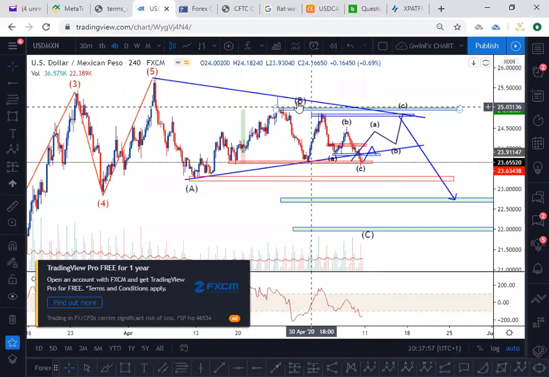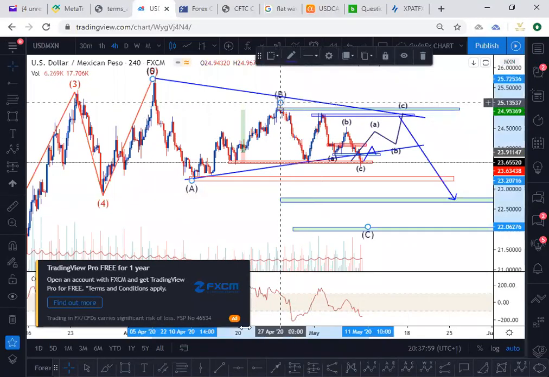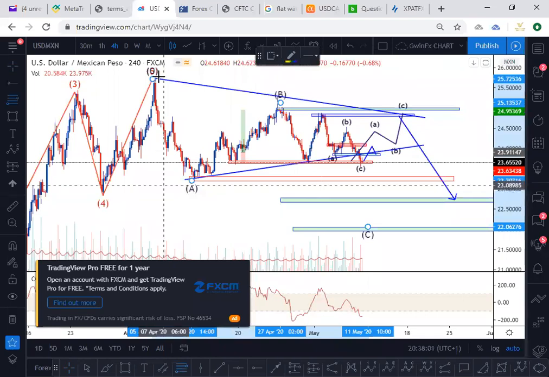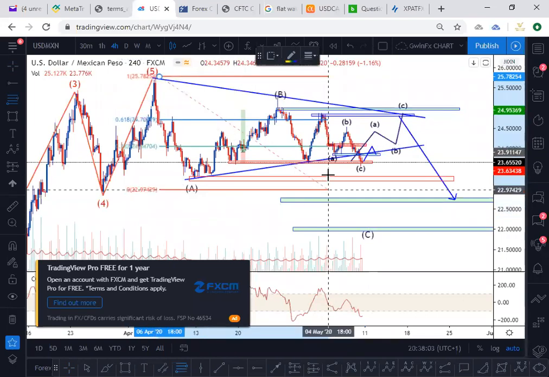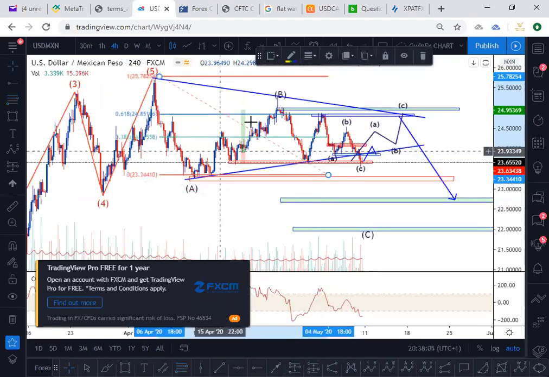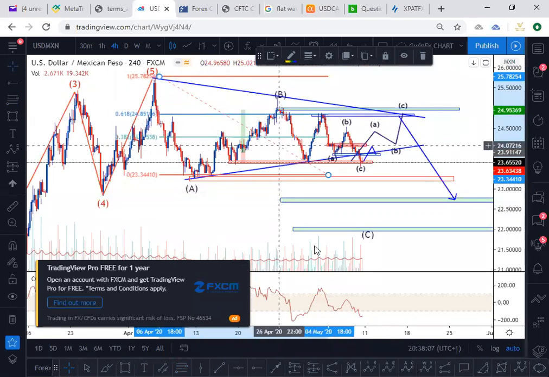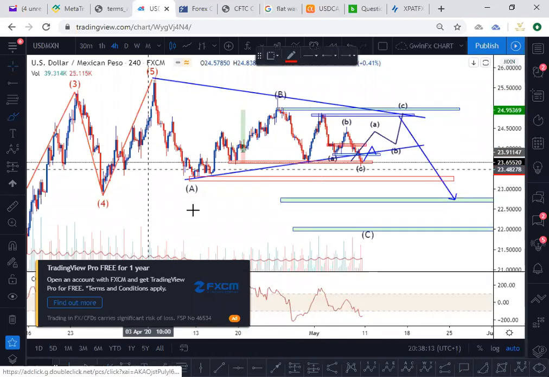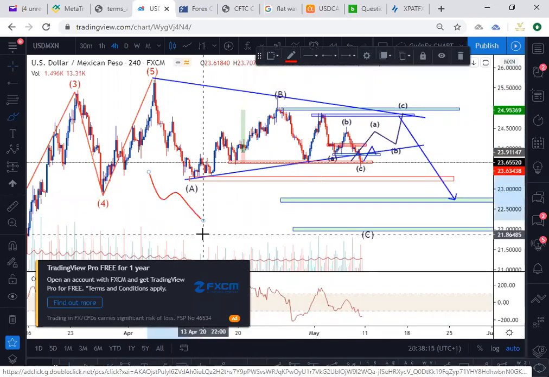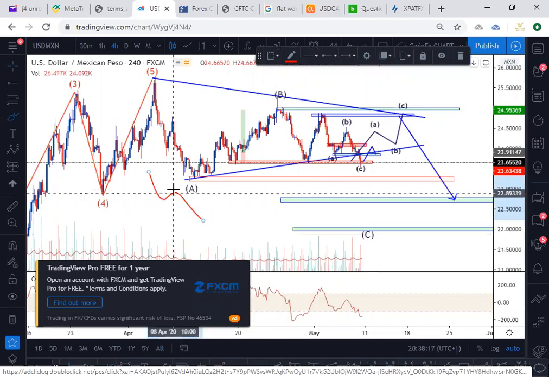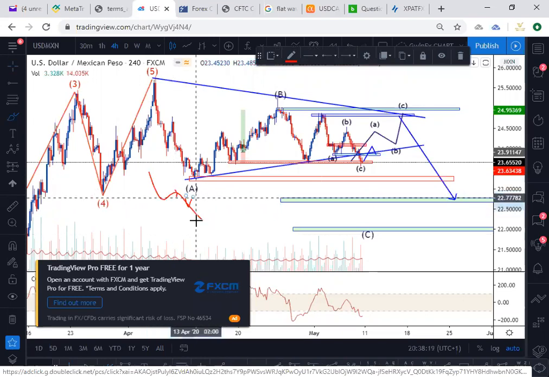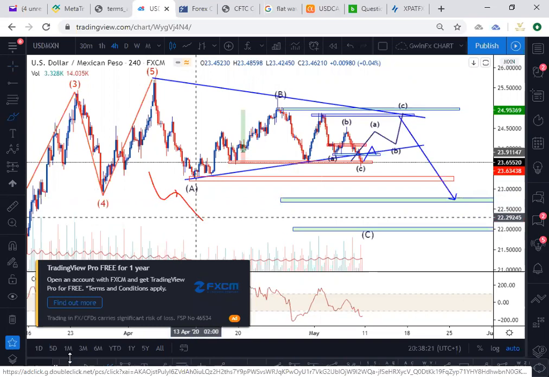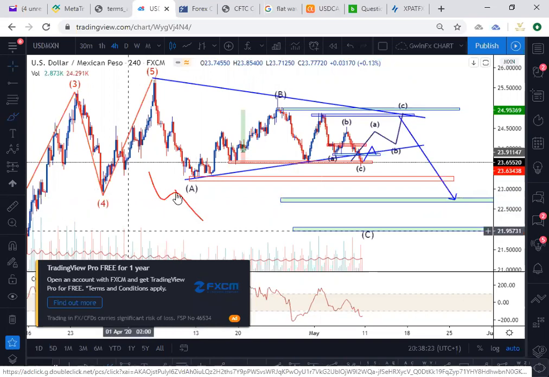This B zone is just too high, because if you use our Fibonacci from the swing high here to the swing low, you can see that this actually tagged the 61.8. So this is not a zigzag. For a zigzag, we should have expected something shallow, around the 38.2 Fibonacci level. So this is definitely not a zigzag.